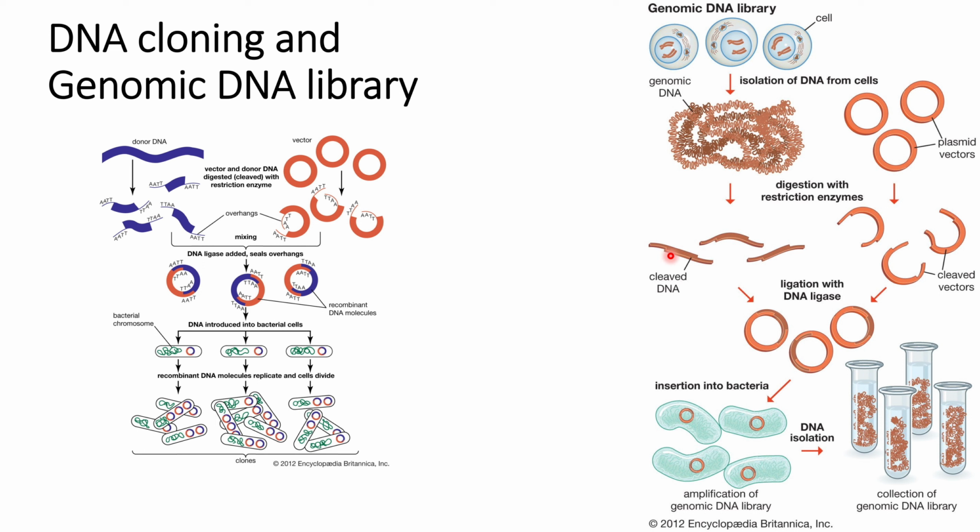First, cleaved DNA will bind to another cleaved DNA; second, a cleaved vector will bind to another cleaved vector; and third is our combination of interest, where cleaved DNA will bind to a cleaved vector.